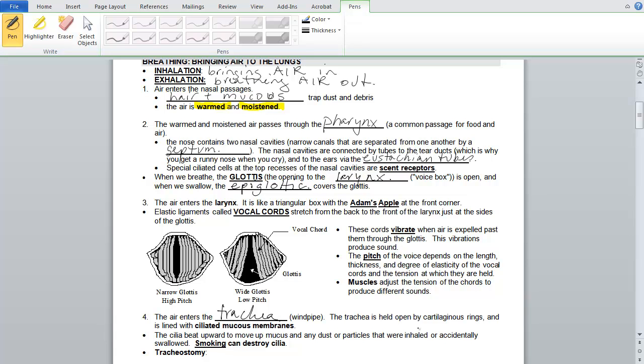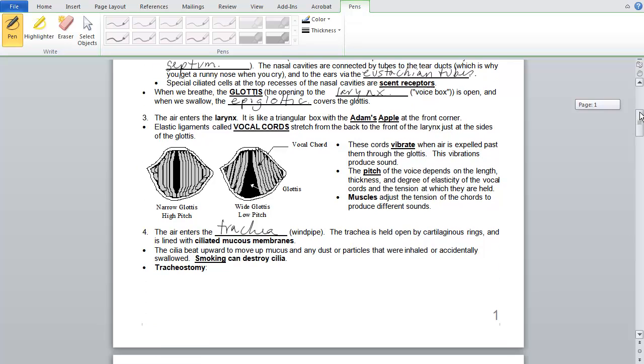The trachea is held open by cartilaginous rings that you can feel when you feel your windpipe, and the trachea is also lined with cells that produce mucus and cilia. One of the many risks of smoking is that it destroys or burns off the cilia.